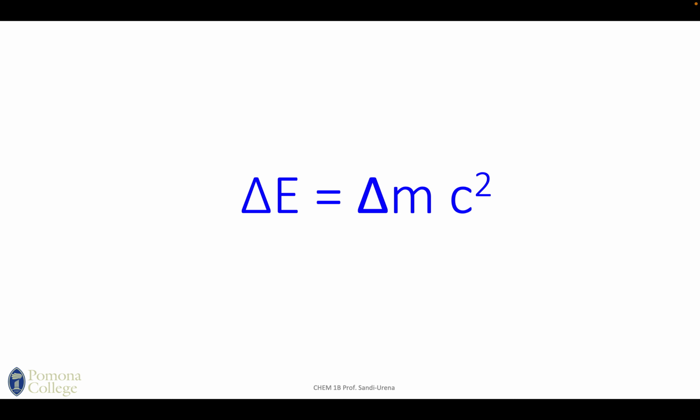That would be the same as saying that energy is a manifestation of mass, or vice versa. Mass is a manifestation of energy. So they're interconvertible, and they're related by the square of the speed of light.